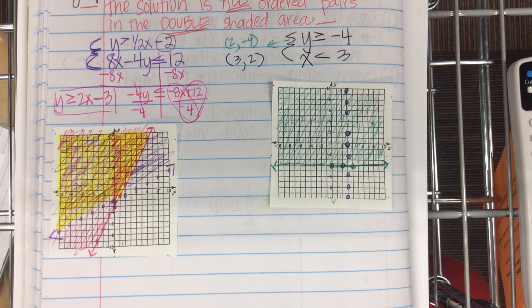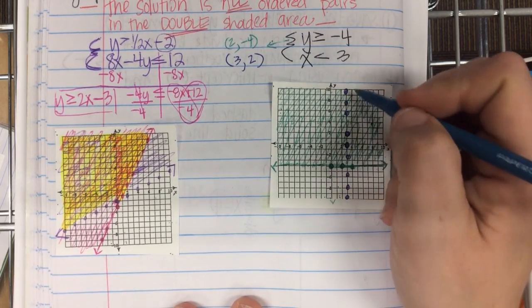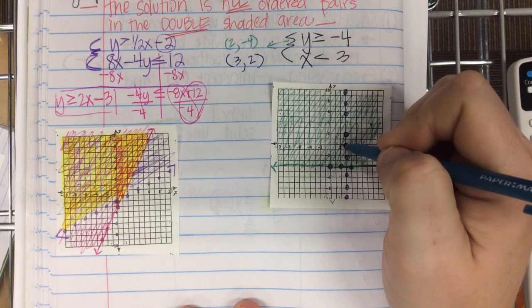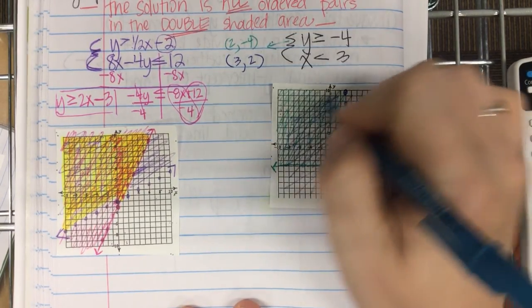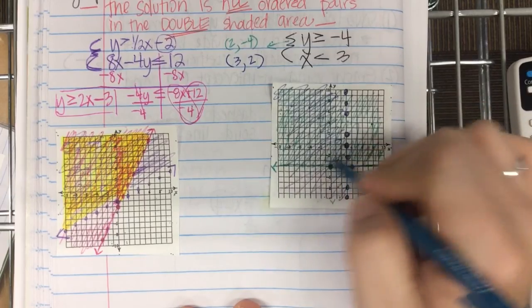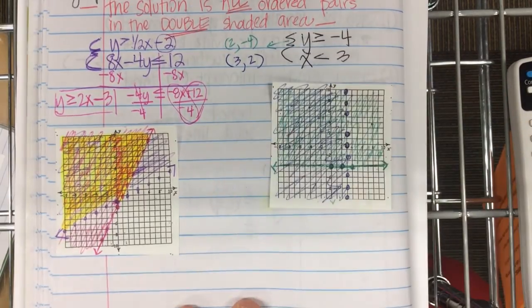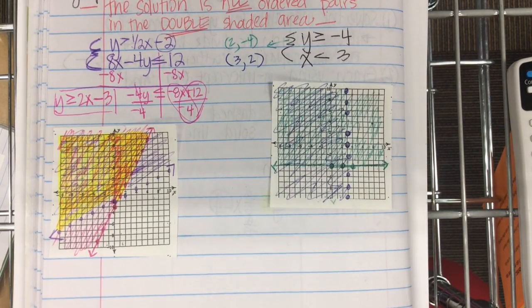And is x greater or less than? Which way does x get less than? Which way does the x-axis go? Right and left. Which way does x get smaller? To the left. This one's a little bit different because it's not a y value, it's the x value.